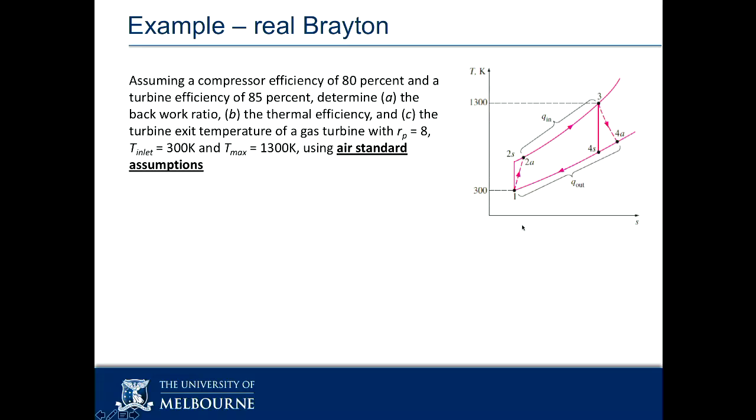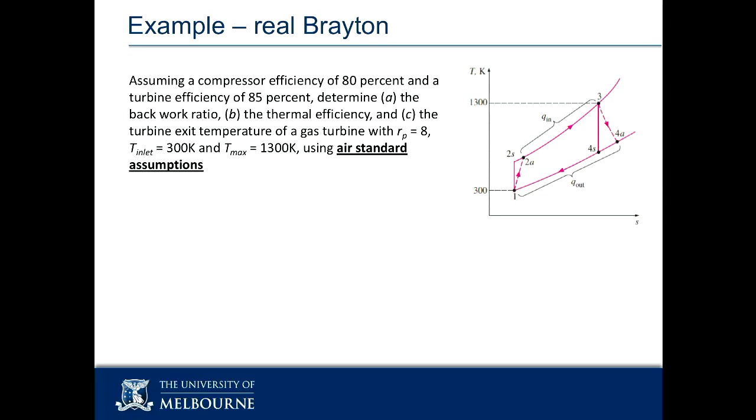This is a Brayton cycle. This is a gas turbine cycle. So on a TS diagram, I start from the beginning of my compressor. My ideal cycle is isentropic here, then add some heat, and then isentropic here, and then let some heat out.